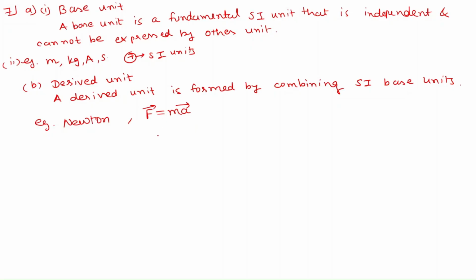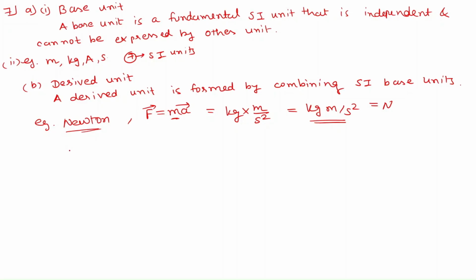Mass is a scalar quantity. We know the SI unit of mass is kilogram and acceleration is meter per second square. So we get the unit of force, which is Newton, but actually it is kilogram meter per second square.